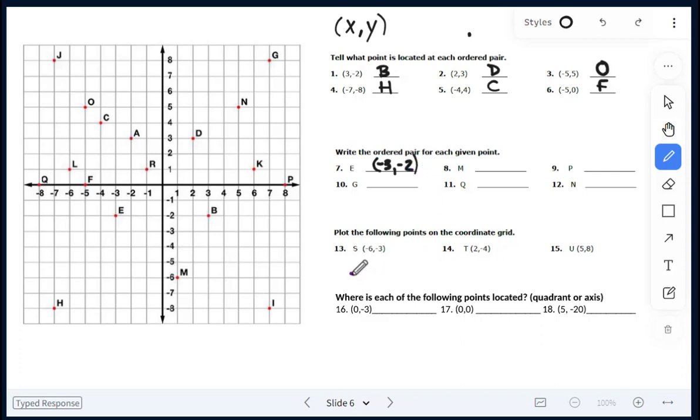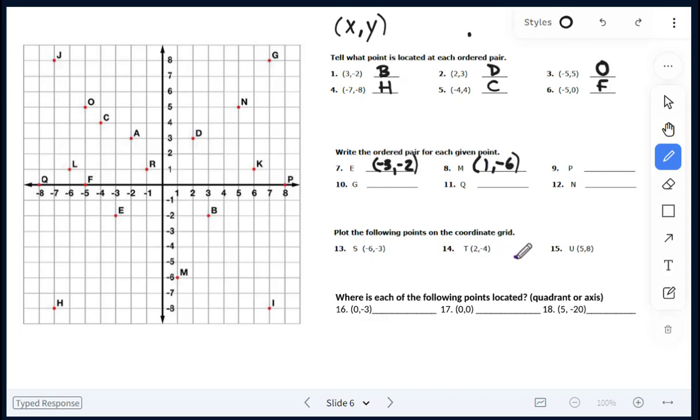All right, let's find M. Oh, there it is. Okay, so again, your x coordinate first and then the y, and in brackets. So positive 1 and negative 6. So 1, comma, negative 6.